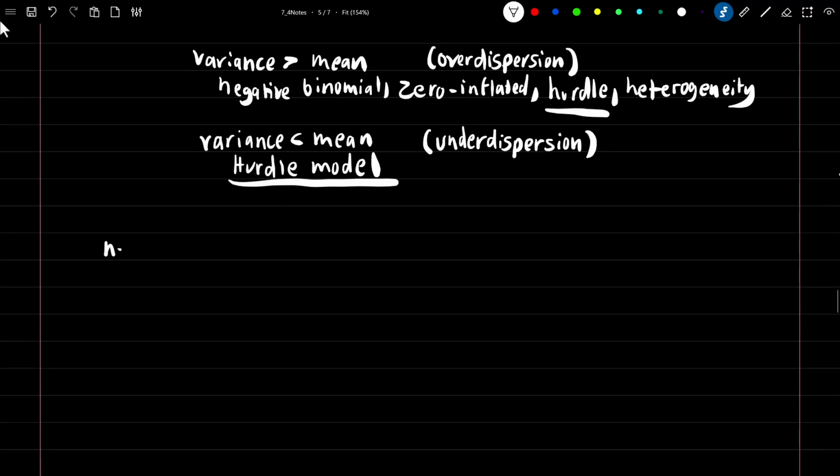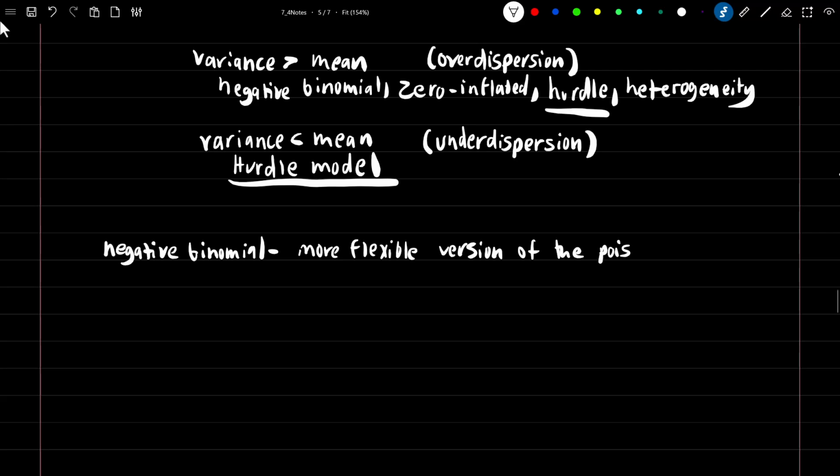Now, for a negative binomial, the only thing you really have to know about this model is it's a more flexible version of the Poisson. And it uses 2 parameters instead of 1.